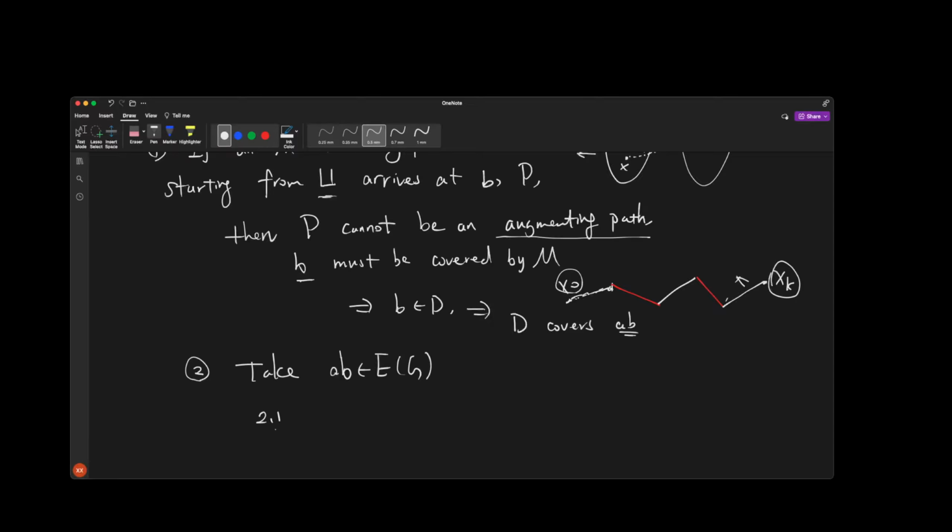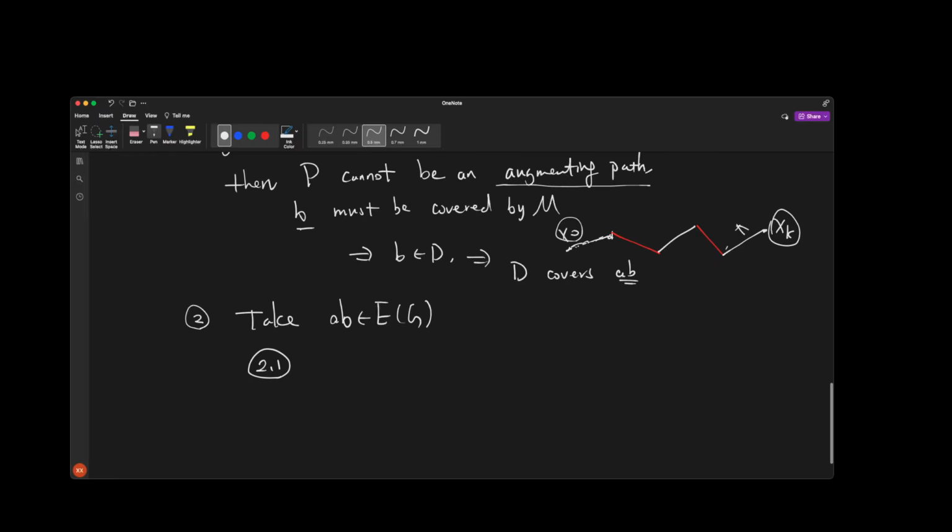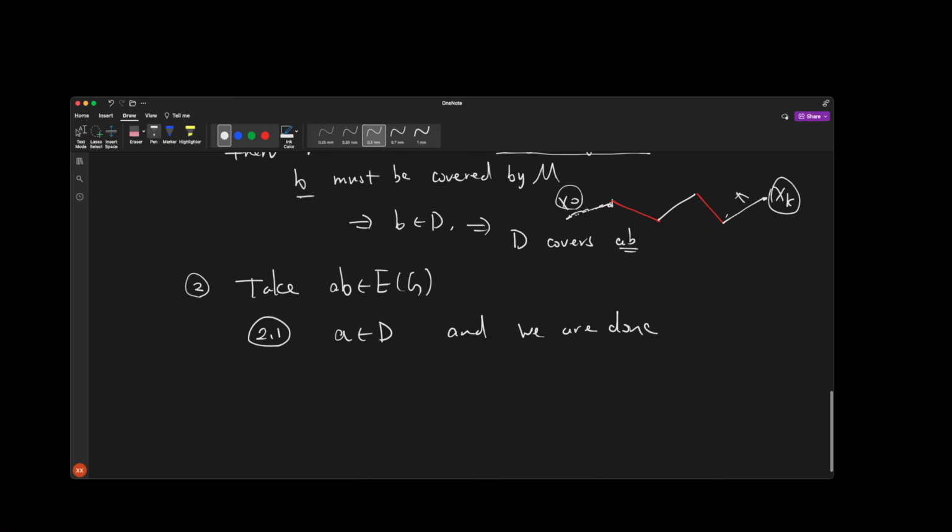Okay. So case 1, A is in D, then we are done. Case 2, A is not in D, and A is unmatched.